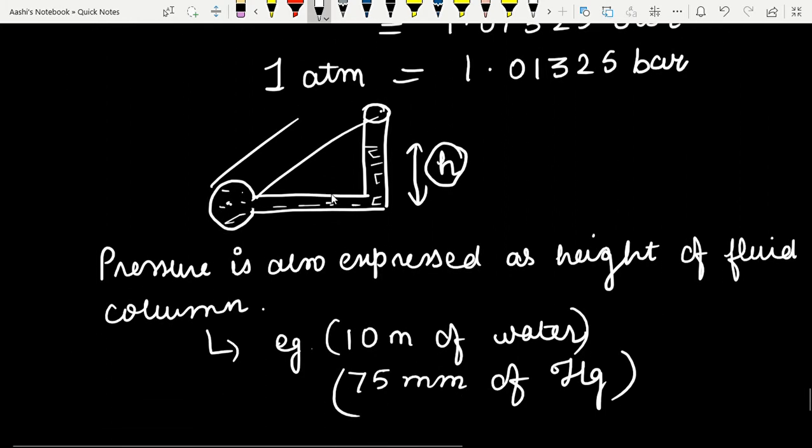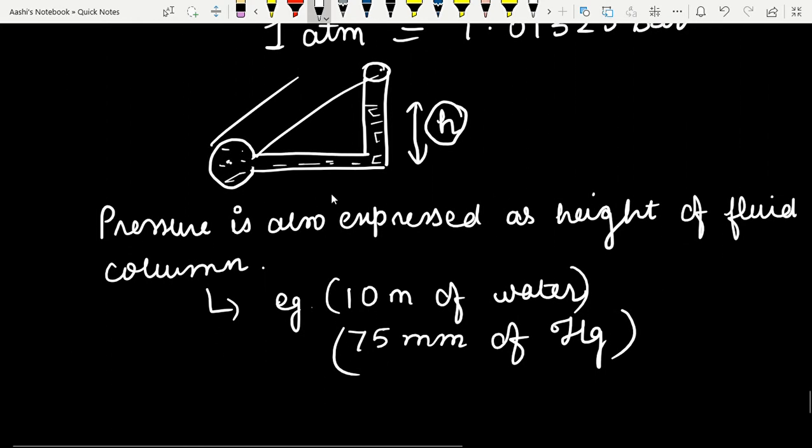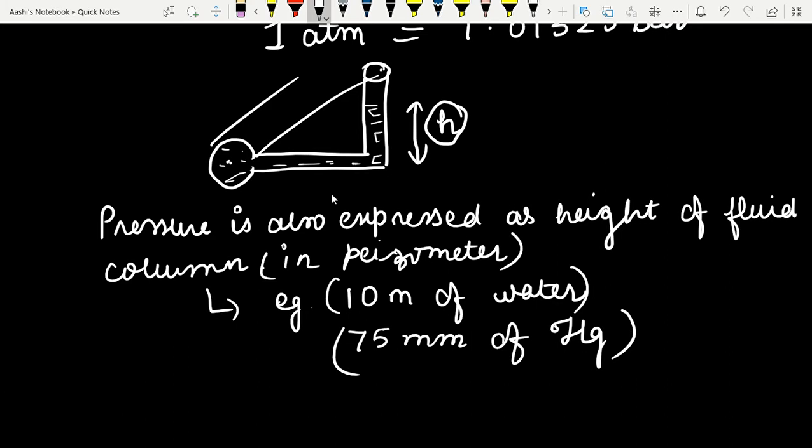At times pressure is also expressed as height of the fluid column in the piezometer. Piezometer is a pressure measuring device. As of now, you just consider this, and then pressure is expressed as, like, 75 mm Hg, or you might have seen that atmospheric pressure is 750 mm Hg.